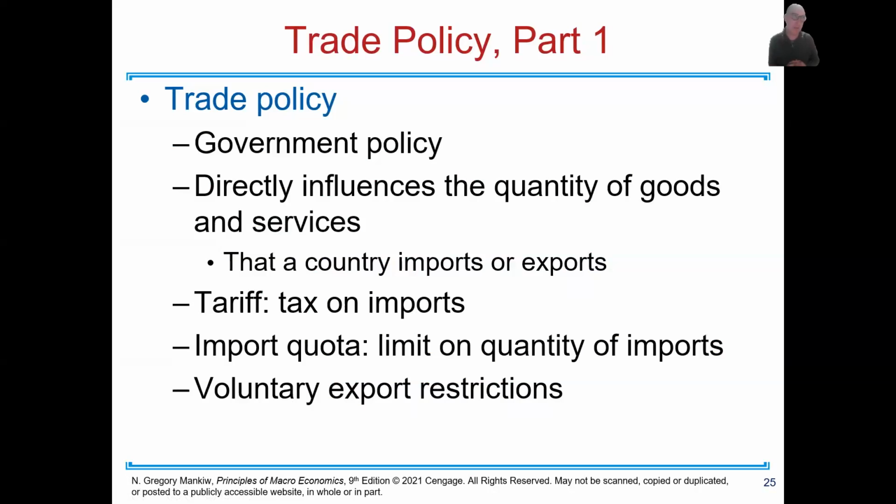In open economies, we oftentimes deal with international trade, and international trade is governed by trade policies. These are government policies that are set to directly influence the quantity of goods and services available.